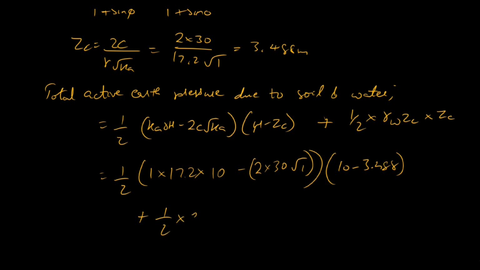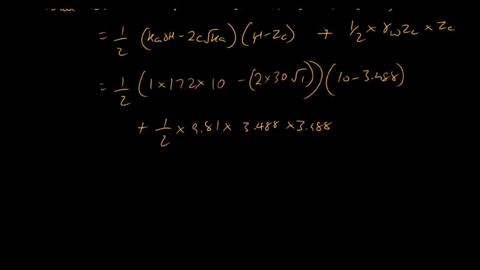Plus half into 9.81 into Zc, which is 3.488, into 3.488. By solving this, we get the total active earth pressure Pa as 424.347 kilonewton per meter. Yes, kilonewton per meter.